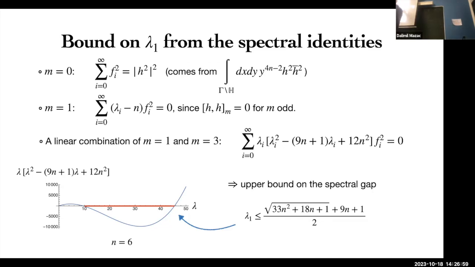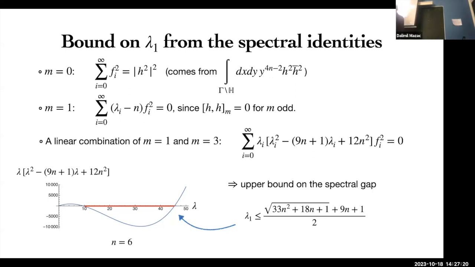And the idea is simple. For example, you can take a linear combination of two of these identities, and you'll find this identity. So it's a sum over all of the Laplacian spectrum of some polynomial, some cubic polynomial of the lambdas, which depends on n, times this positive number, equal to 0.